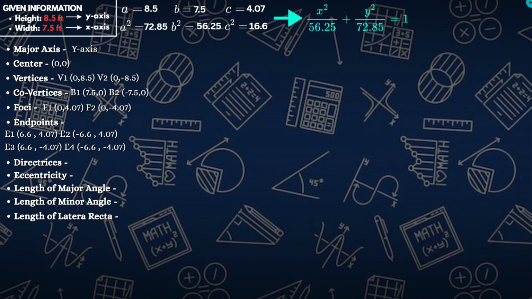So take note of this, class. I will enumerate again the formulas for E1, E2, E3, and E4. For E1, it is h plus b squared over a and k plus c. For E2, h minus b squared over a and k plus c. For E3, h plus b squared over a and k minus c.